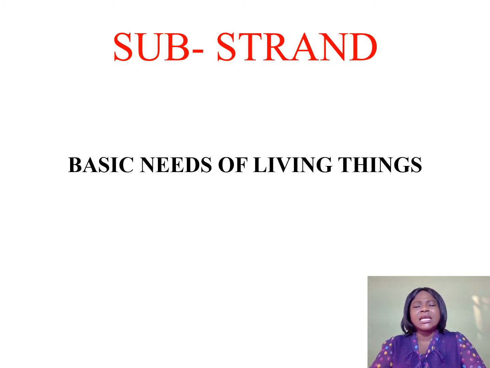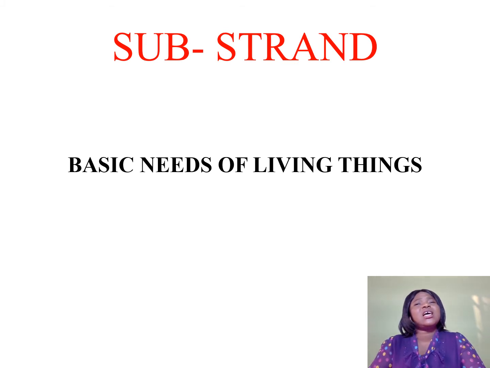And we said basic needs. What are some of the needs of living things? We say living things are things that have life in them. And we mention animals, human beings, trees. They are all living things.